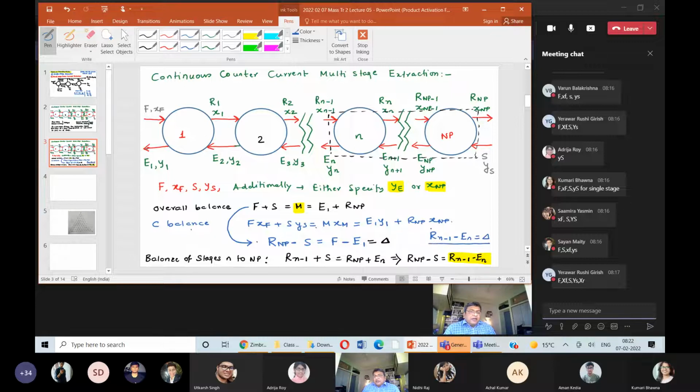Check for a minute if it is making sense to you. So this way, for every stage, I would like to finish it in this slide. For every stage, let's say you are now at the second stage, you can actually write what are the entry to the second stage: R1 minus E2 equal to delta.